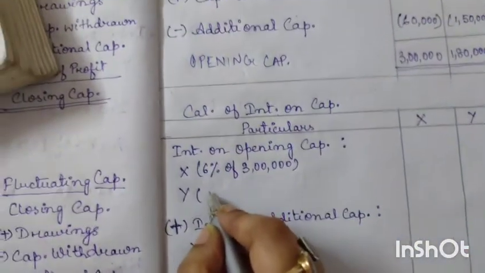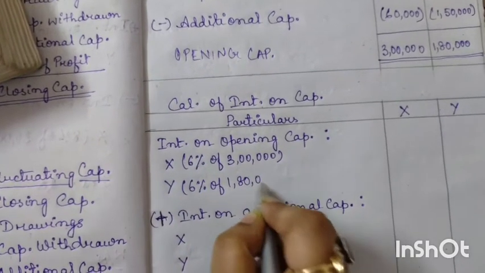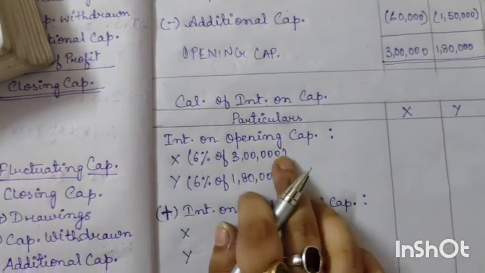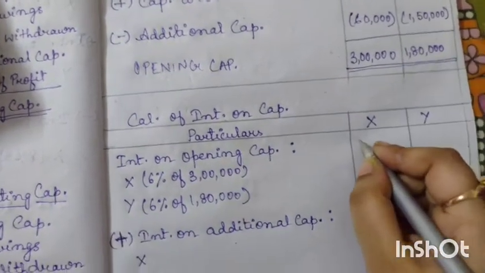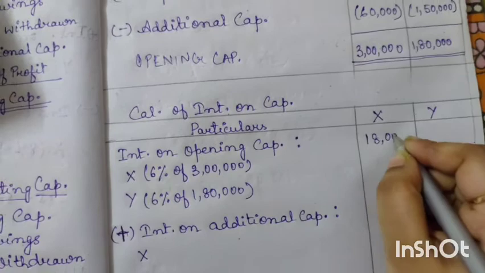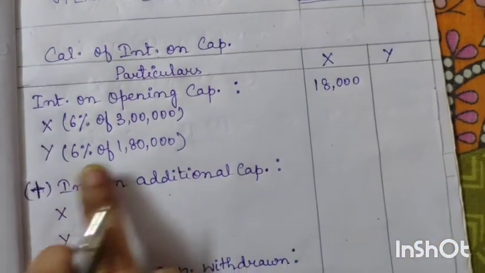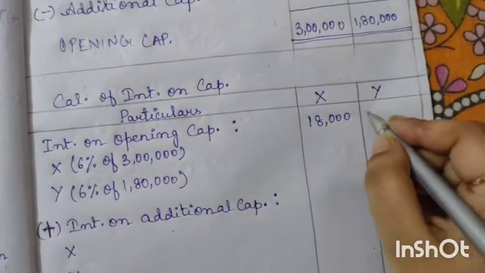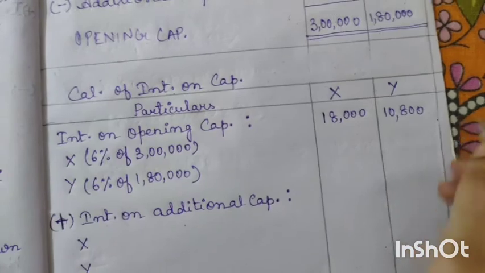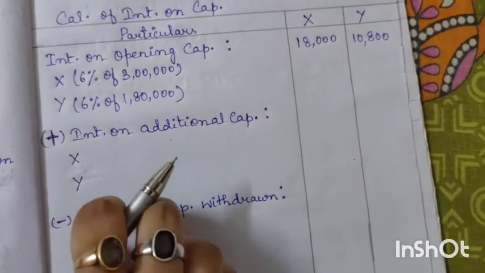So here we can write 6% of 1,80,000. Now if we calculate 6% of 3 lakh, we will get 18,000 for X. So interest on opening capital for X is 18,000. And if we calculate 6% of 1,80,000 for Y, we will get 10,800.